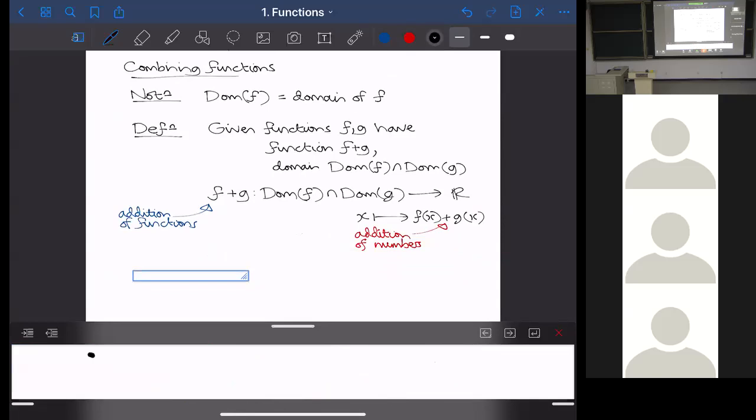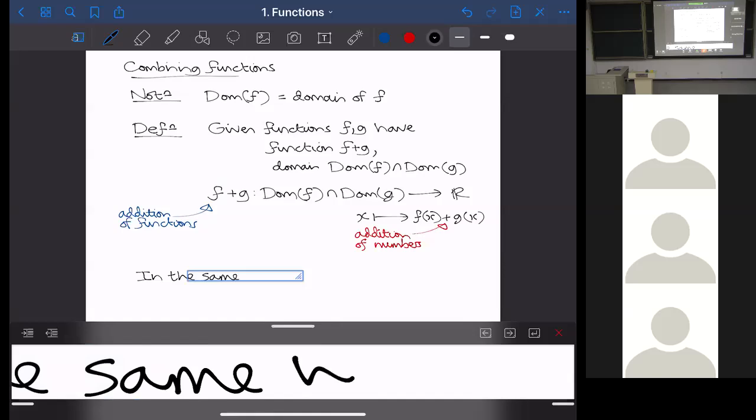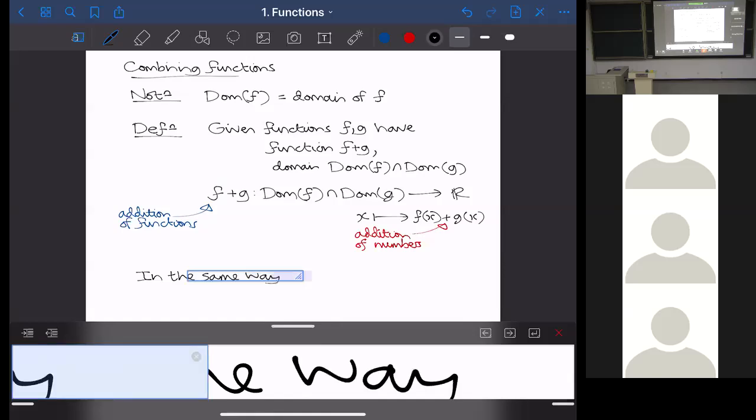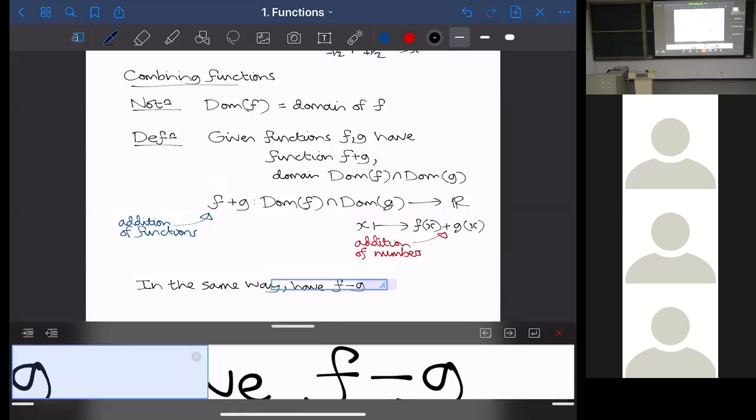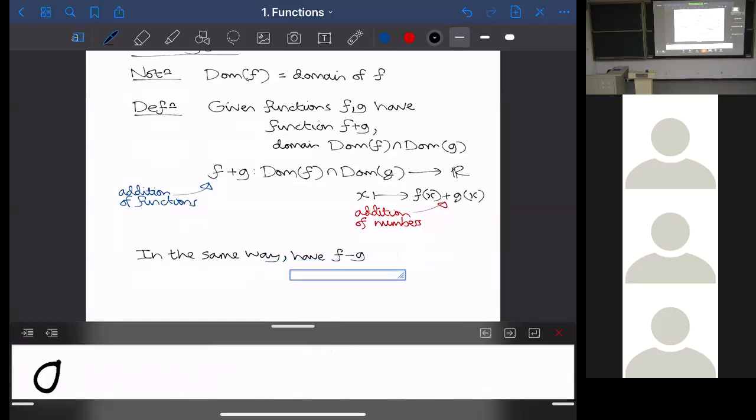So in the same way, we have f minus g and f times g.